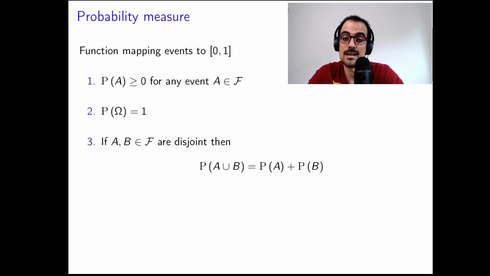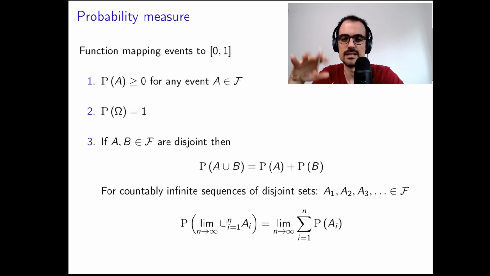Again, this should come as no surprise because this follows immediately from our intuitive interpretation of what a probability measure should be. This also holds for countably infinite sequences. This is not too important, it's just a mathematical detail, but essentially we're saying that if you take the union of a countably infinite number of disjoint events, the probability of their union should be equal to the sum of the individual probabilities.